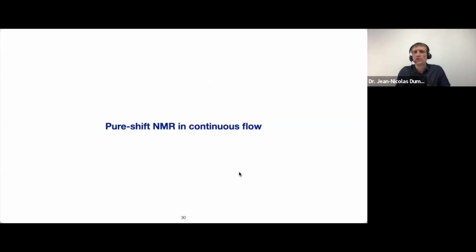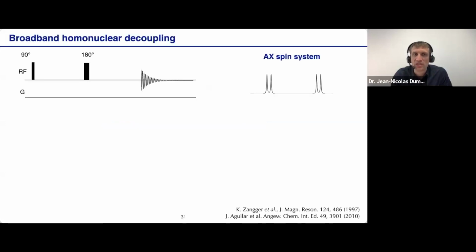Now, another family of sequences that I wanted to describe today is the case of pure shift NMR, and specifically here, pure shift NMR using the Zangger-Sterk approach, which is also a form of spatial parallelization.